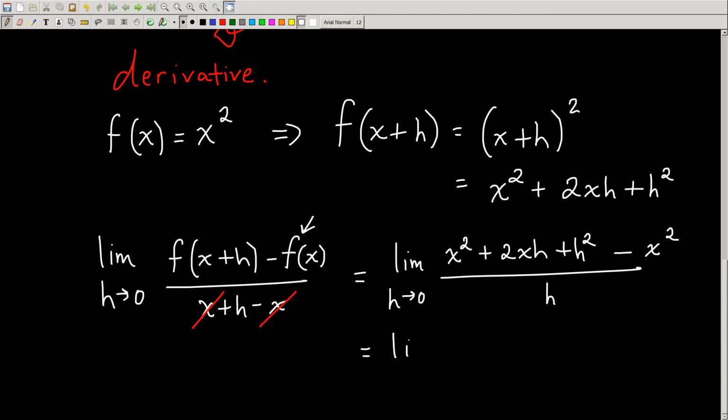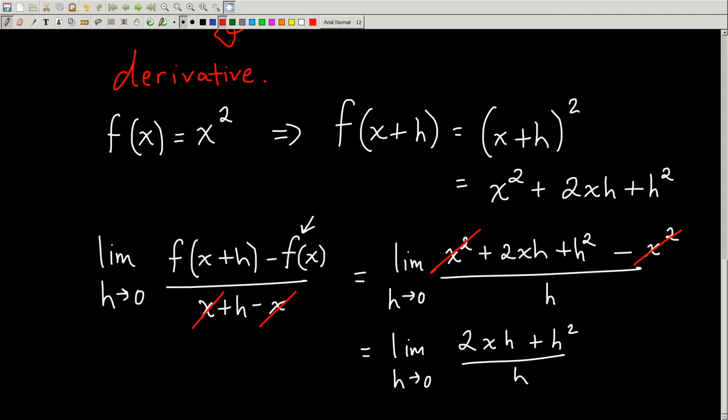Now what does that become? Well, the x squareds cancel. And remember, when you're doing a first principles calculation, there should be stuff that cancels. If it doesn't, then you made a mistake. You should get cancellations. Now, what's left in my actual expression? I've got 2xh plus h squared over h. What can I cancel out of this?